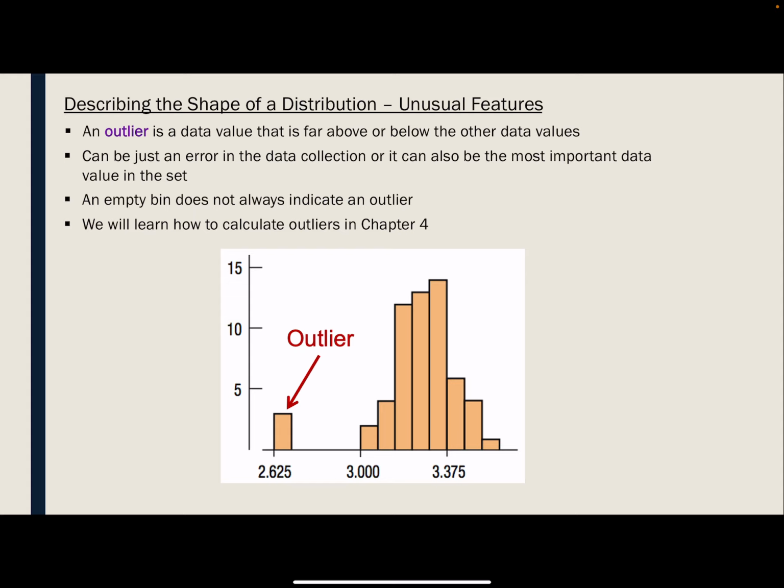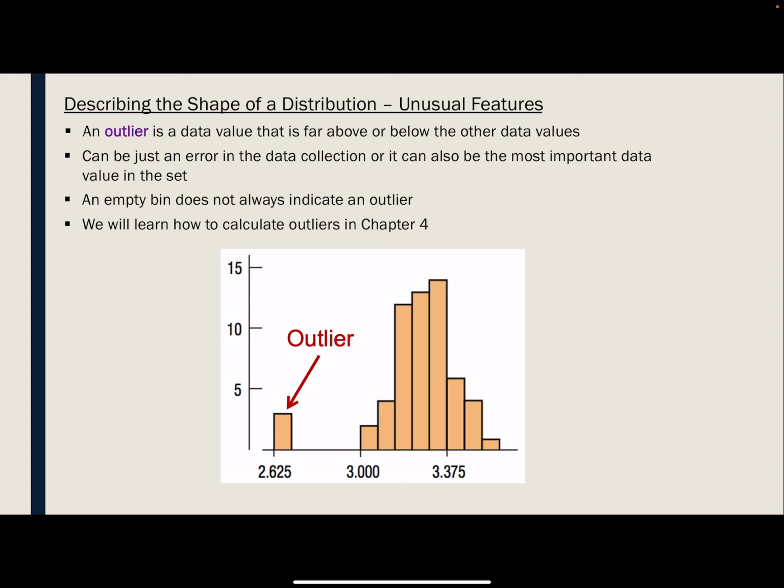So you can't assume that an outlier is an error. And sometimes when you have outliers, they can be the most interesting part of a data set, and it can give you some important information. We will talk about how to actually calculate outliers when we look at box plots in Chapter 4.